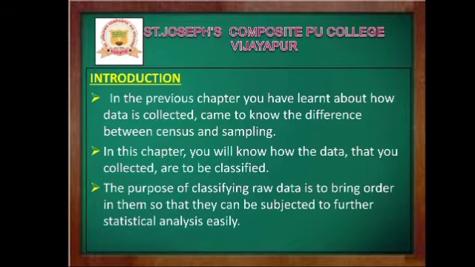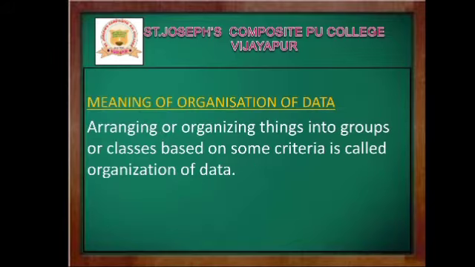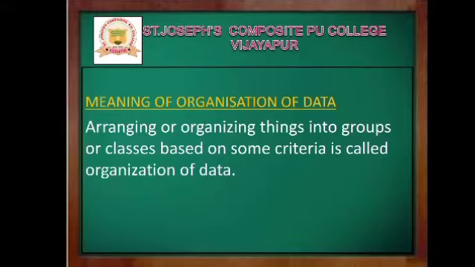Now dear students, let me discuss the meaning of organization of data or the classification of data. Organization or classification of data is a systematic arrangement or organizing of things into groups or classes based on some criteria. That is called organization of data.